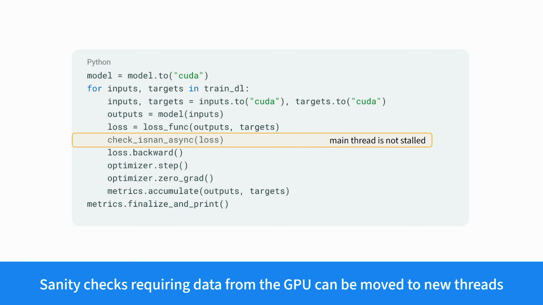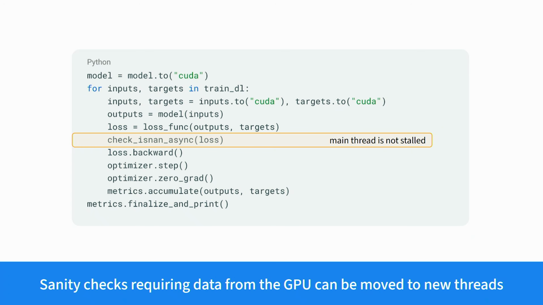And so we're doing a little bit of extra useless work, but in the grand scheme of things, we made our training loop so much faster by skipping the synchronization that the extra work we did at the end when our training did blow up is just not as big of a deal. And so this is a great way. You just want to do all these checks to make sure things are stable in an asynchronous background fashion as much as you can.